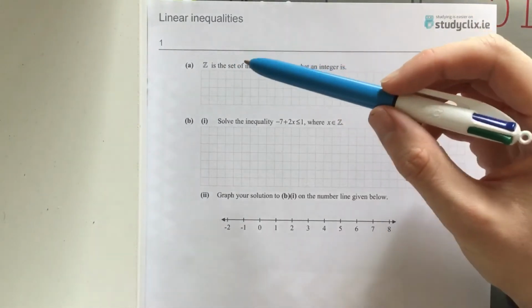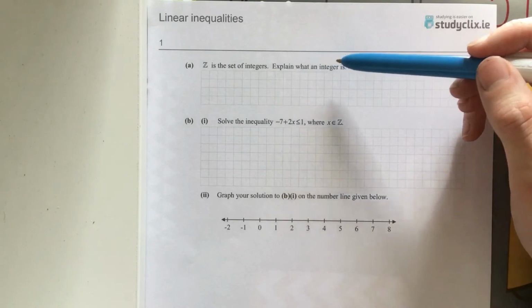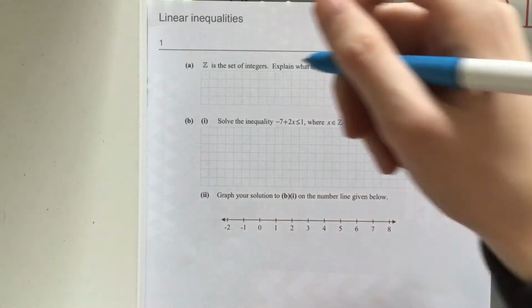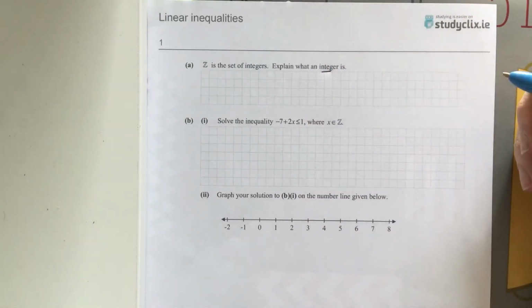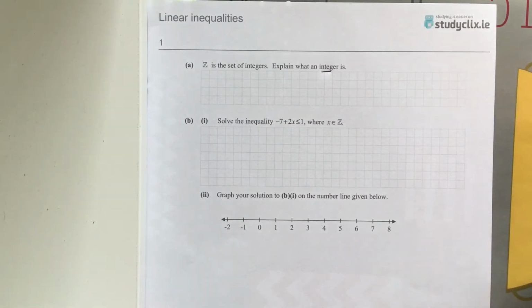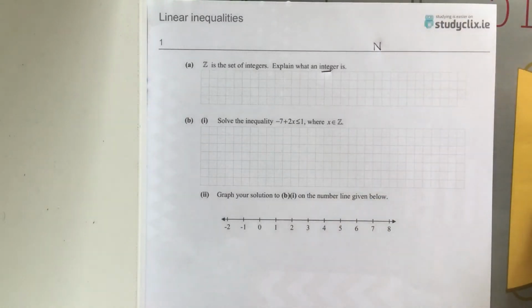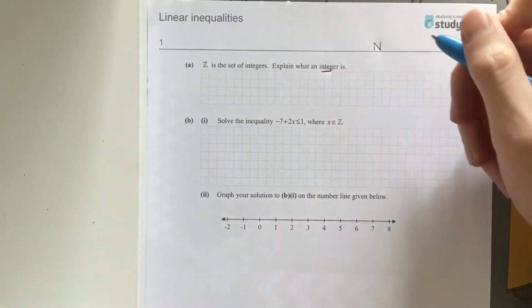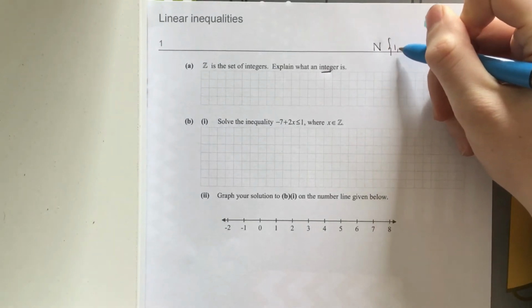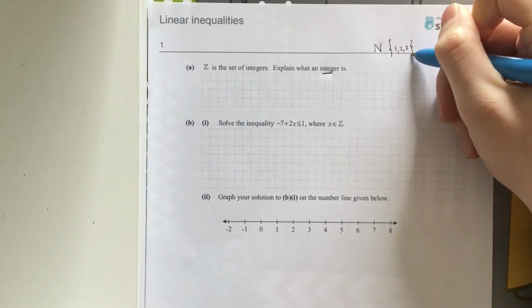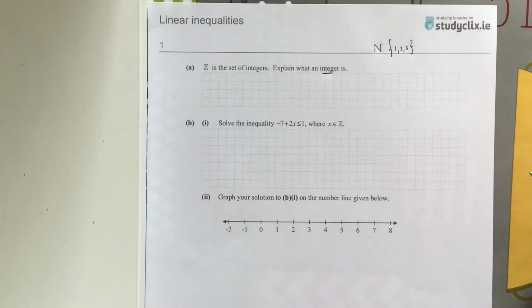Z is the set of integers. Explain what an integer is. You might recall the different types of numbers that we encountered in first year. N was for natural numbers, like, for example, 1, 2, 3. All of those are counting numbers, whole positive counting numbers.